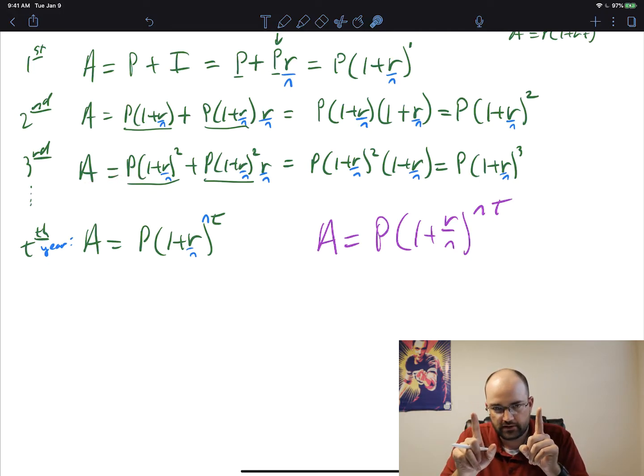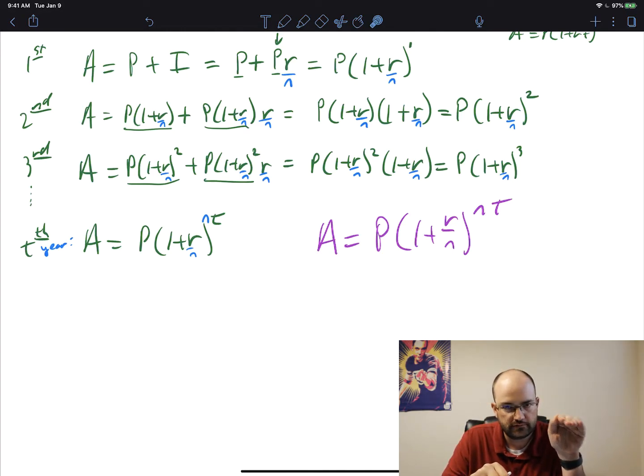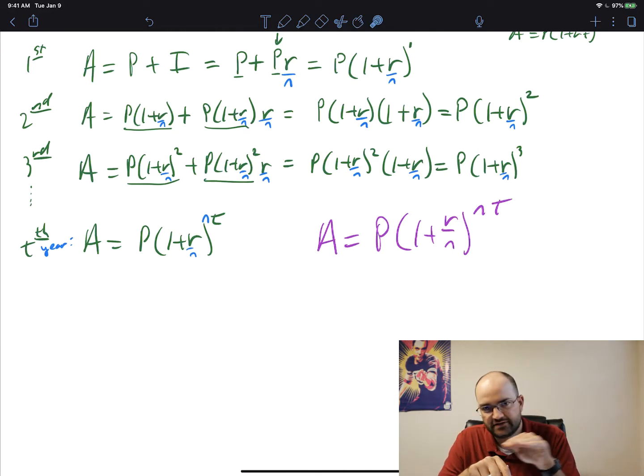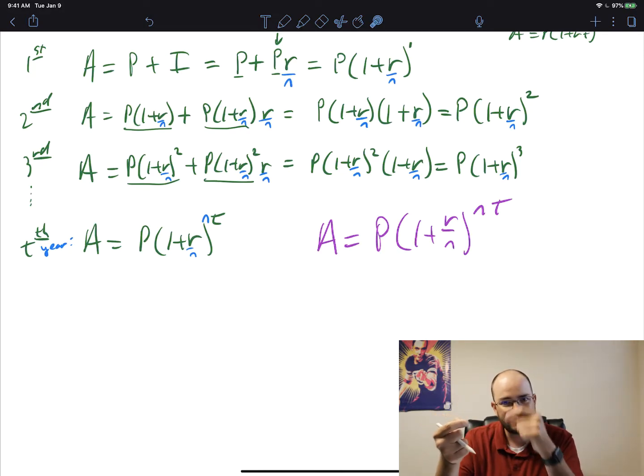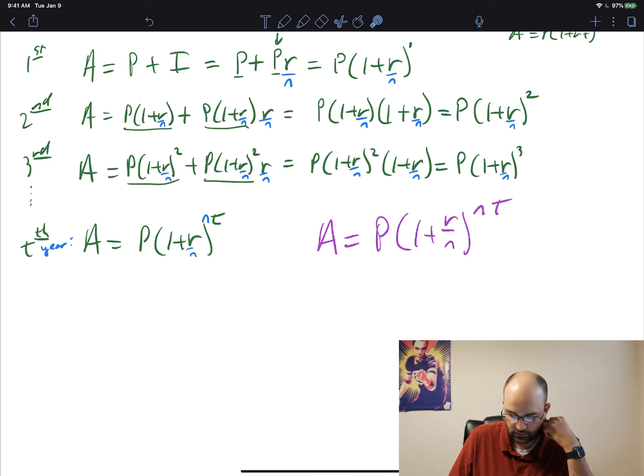If we're compounding 12 times a year, at the end of the first year we have 12 compounding events. At the end of the second year we have 24 compounding events. At the end of the third year we'll have 36. In other words, you take the number of compounding events times the number of years, and that will give you the total number of compounding events.